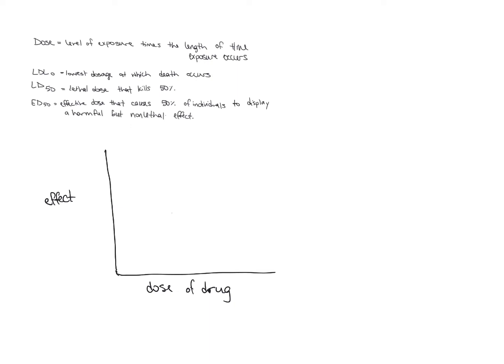So at lower dosages, right, you're going to have lower amount of harm, and then at some point this effect is going to increase sharply with the dosage of the drug, and then at some point you're just going to kind of level off where the effect is really high at really high dosages.